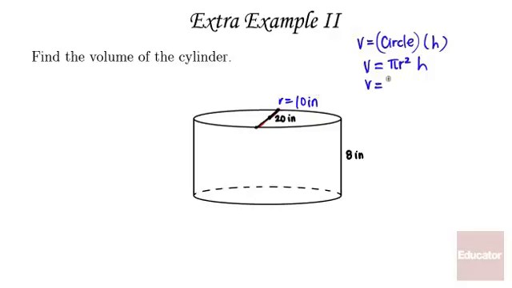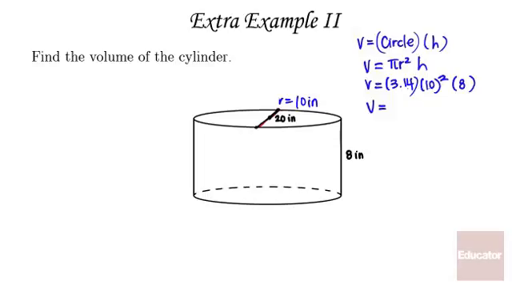So pi, again, is 3.14. My radius is 10 squared. And then the height of my cylinder is 8 inches. Remember again, be careful, do not multiply these numbers together first.